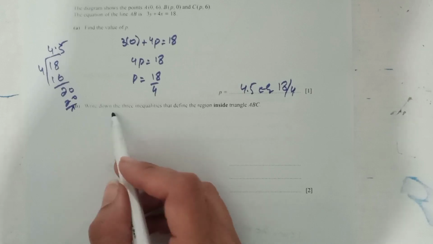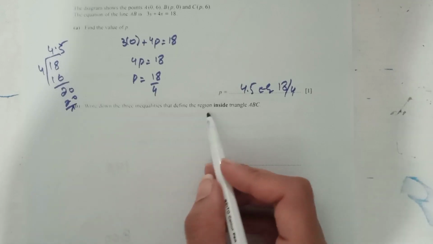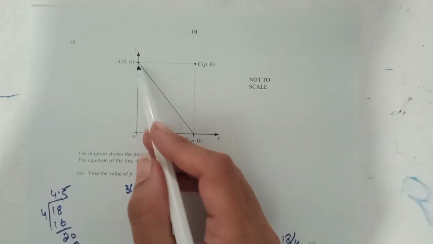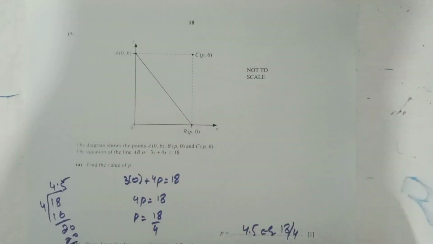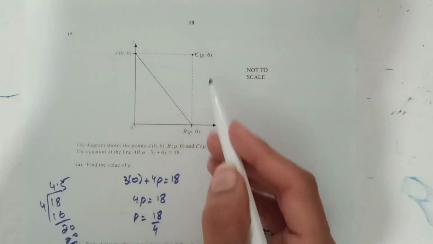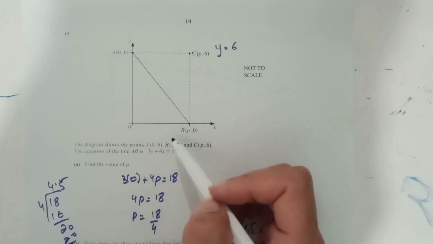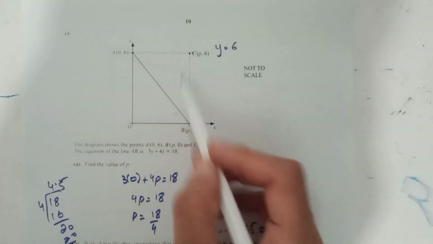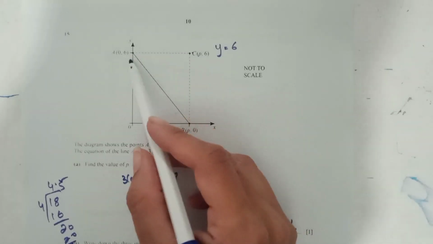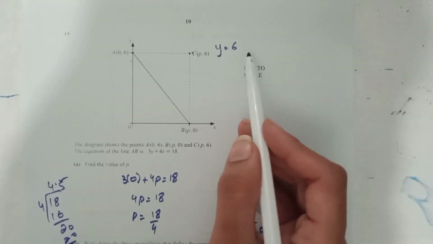Now students, part B. Write down the three inequalities that define the region inside the triangle ABC. That is the triangle A, B and C. First we have to write the equations of these three lines. We see that one line is parallel to the x-axis, and it is y equal to 6.